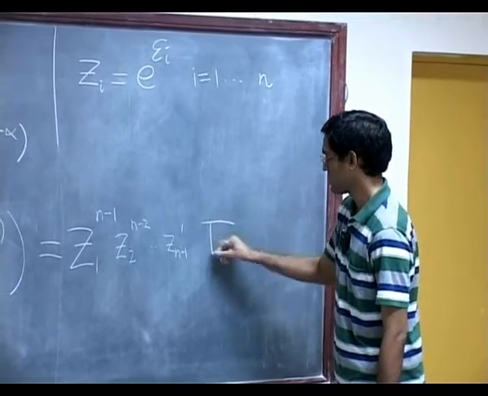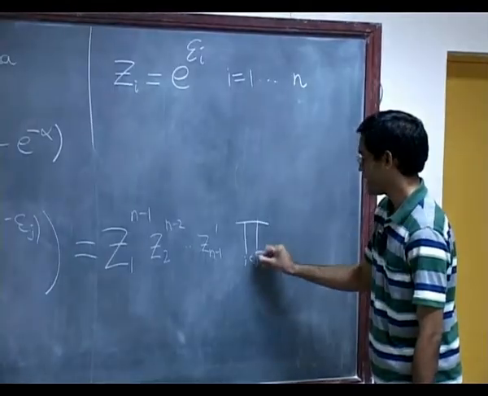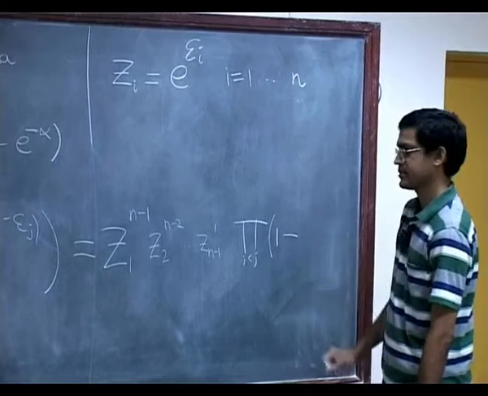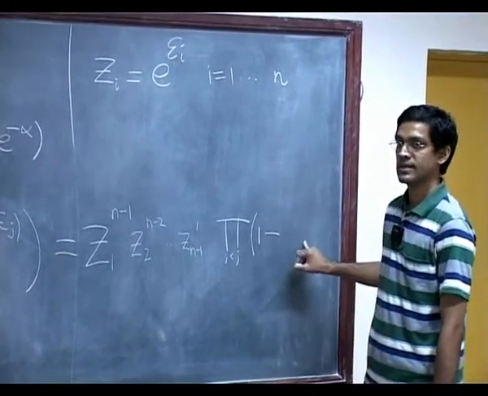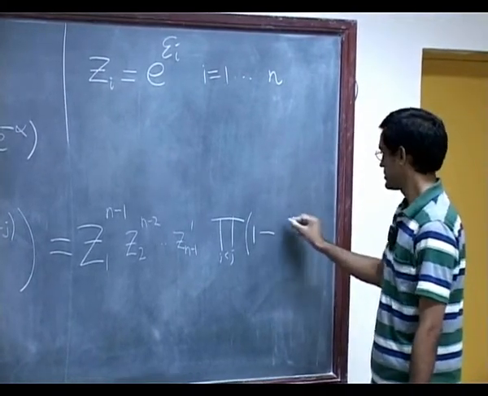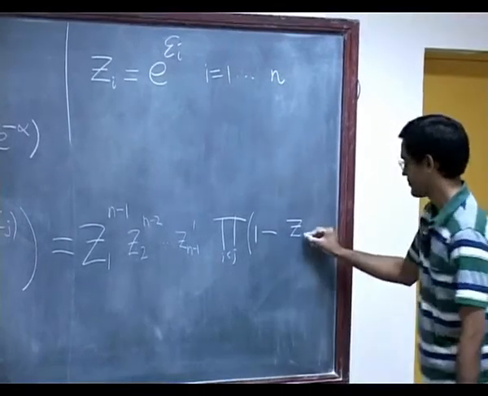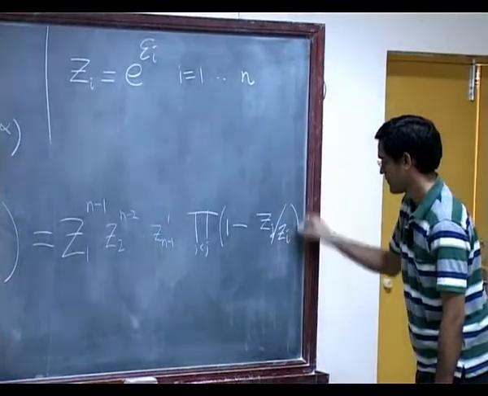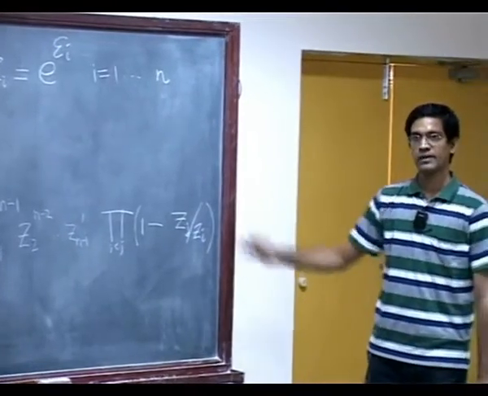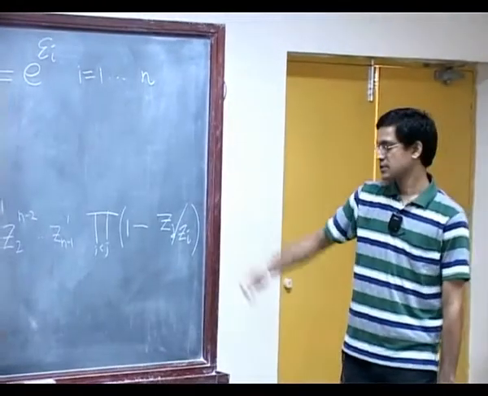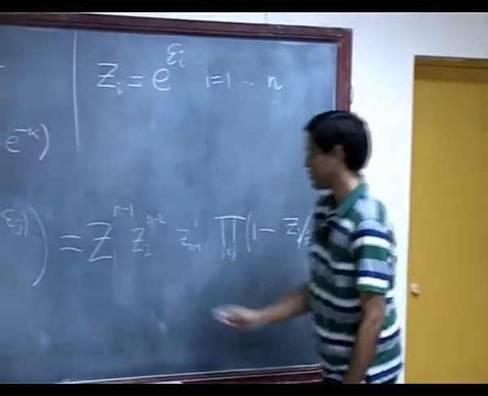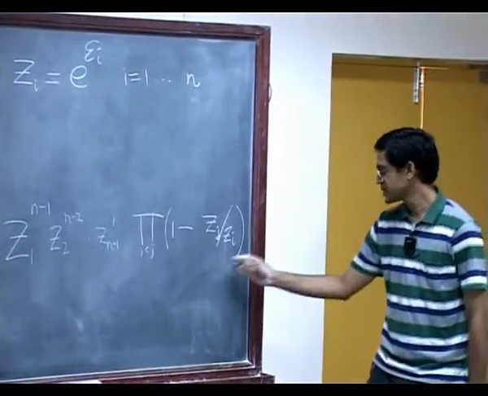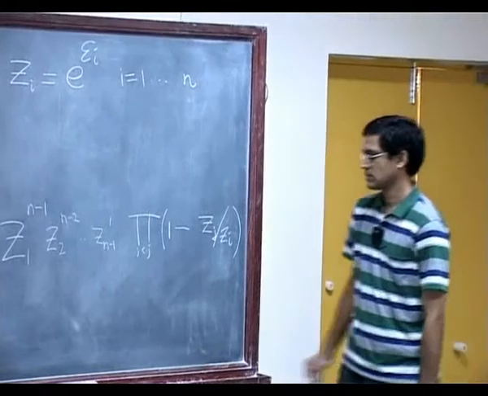Times the product over all i less than j of 1 minus z_j over z_i. Then there's a factor in front. What do I get when I clear these denominators and cancel?